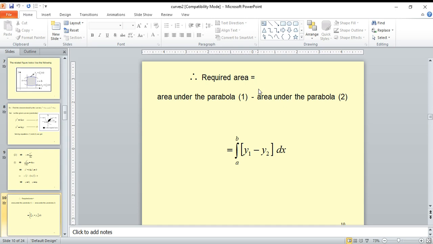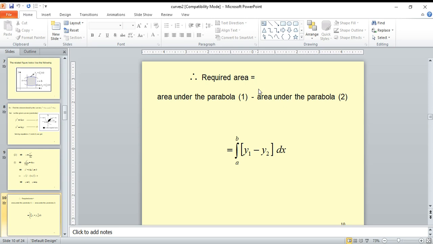Required area equal to area under the parabola 1 minus area under the parabola 2. That is integration a to b, y1 minus y2 dx.